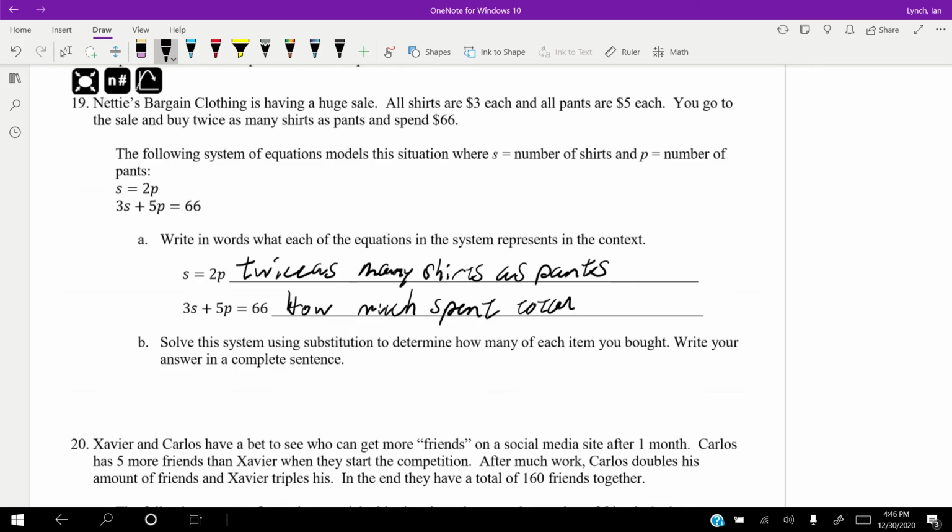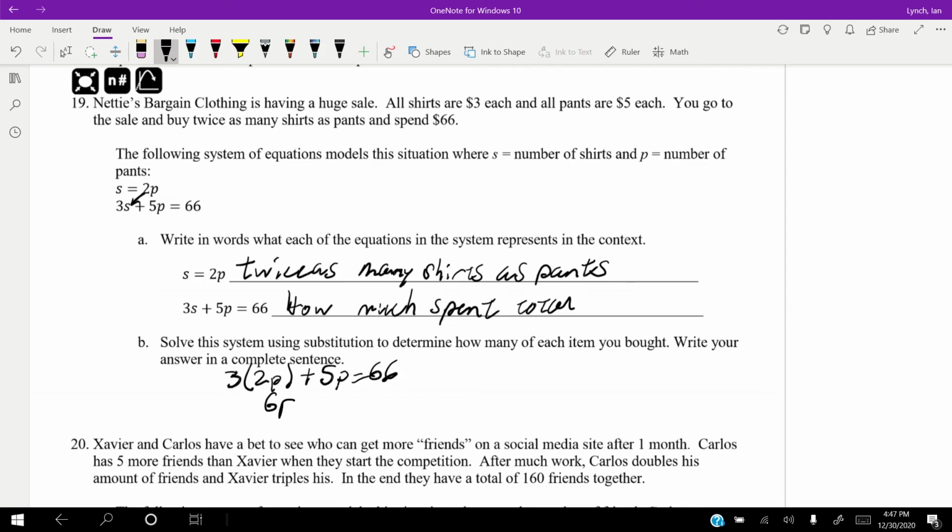All right, so now we're going to solve this system by substitution. Okay, so in order to do that, if we look up here, we have S equals 2P. So wherever I see an S, I'm going to plug in 2P. So I get 3 times 2P plus 5P equals 66.